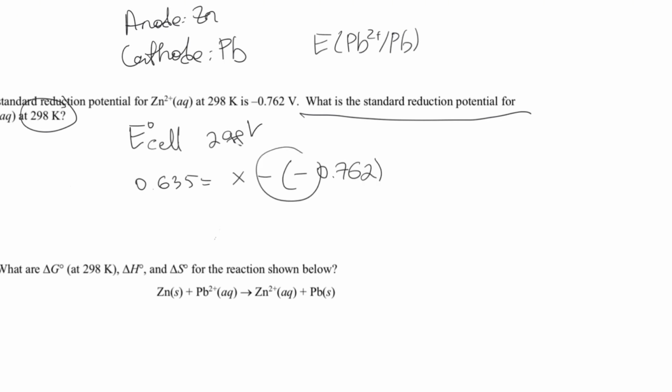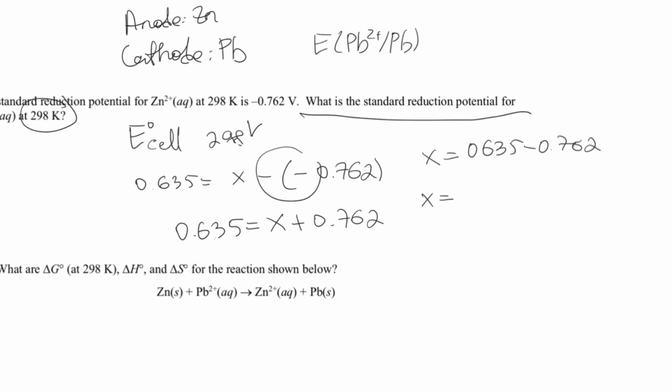So this will give us the plus. That means 0.635 is equal to x plus 0.762, and our x will be equal to 0.635 minus 0.762, and x is equal to negative 0.127 volts. So this is our final answer.